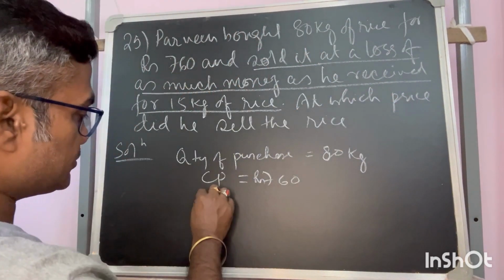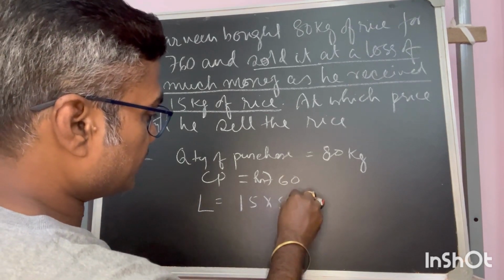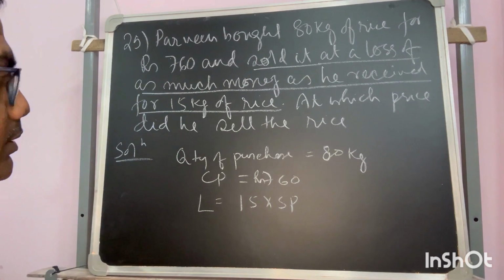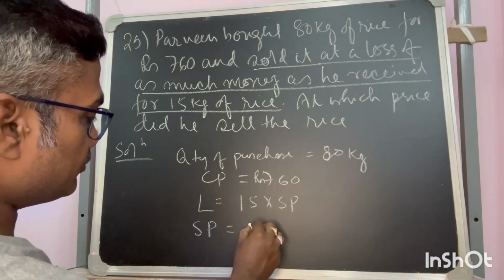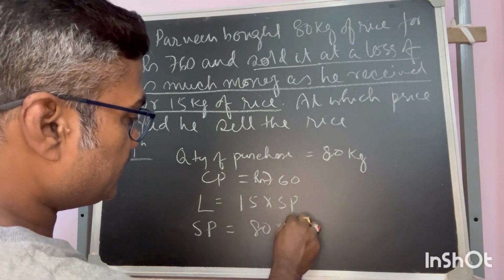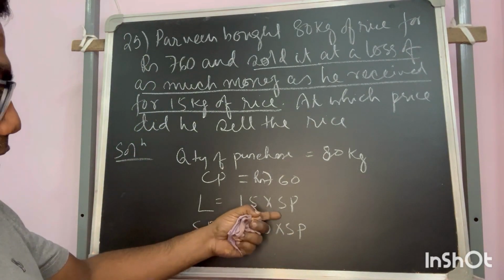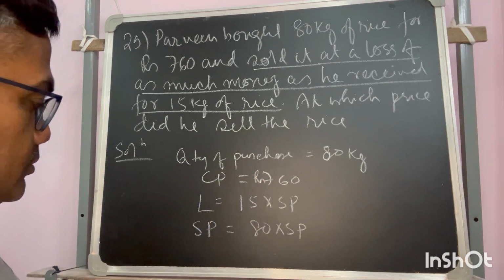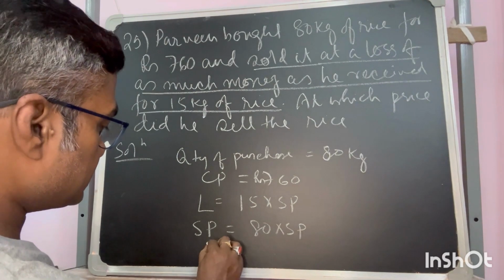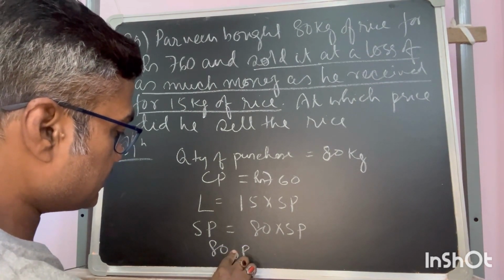So loss is equivalent to 15 into the selling price, and the complete selling price is 80 into the selling price.